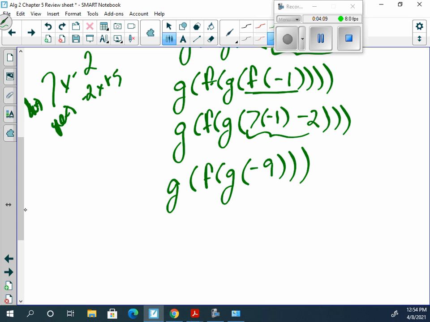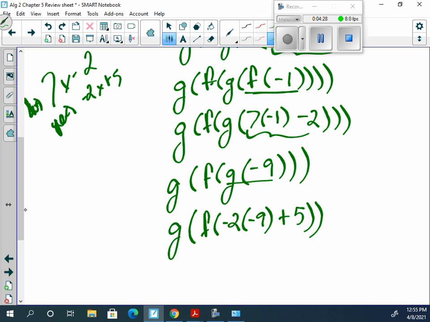So we're just plugging the number in, simplifying, plugging it in, simplifying. I'm going to do it again. This time we're plugging negative 9 into g of x. So that would be negative 2 times negative 9 plus 5.